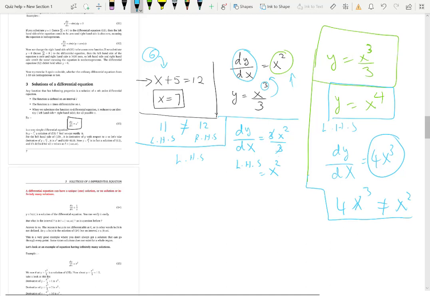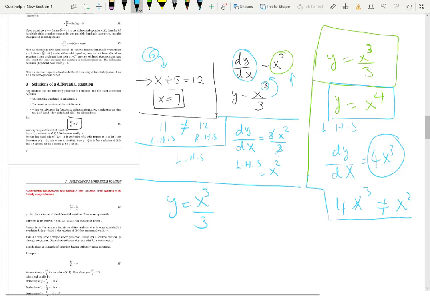So I said that's not enough. Then what else do you need? You have to say where your solution is living. That means we had y is equal to x cubed over 3 as a solution.